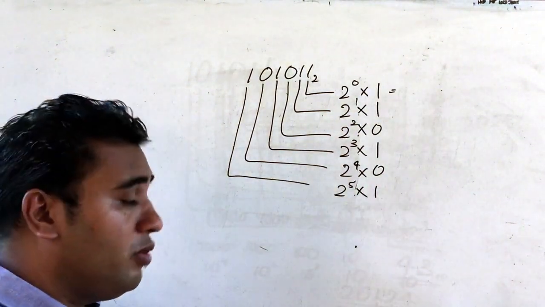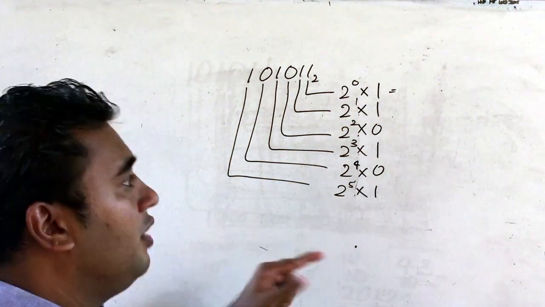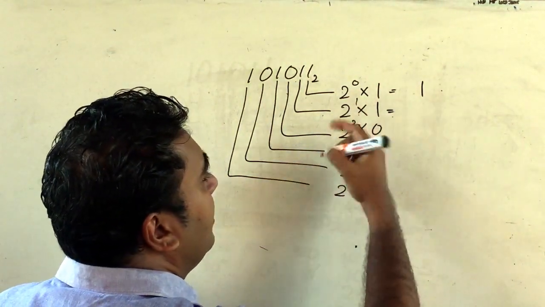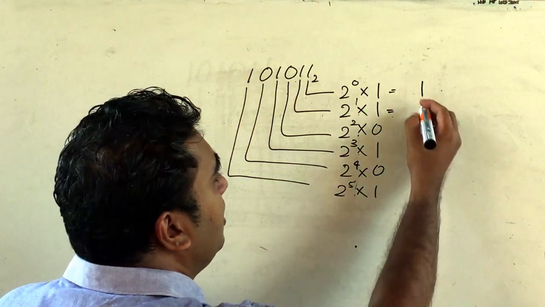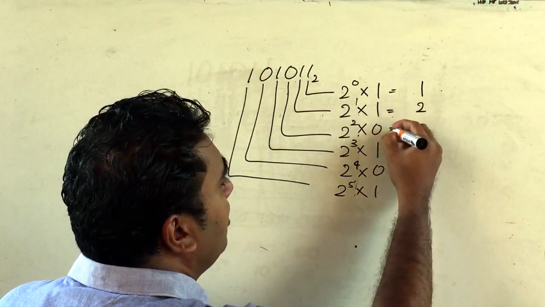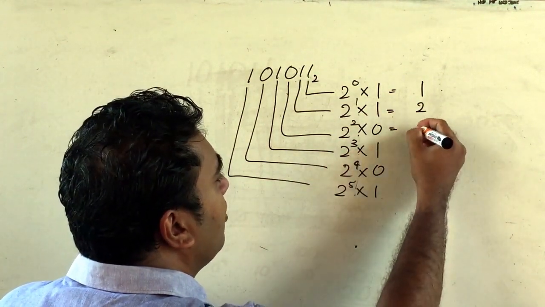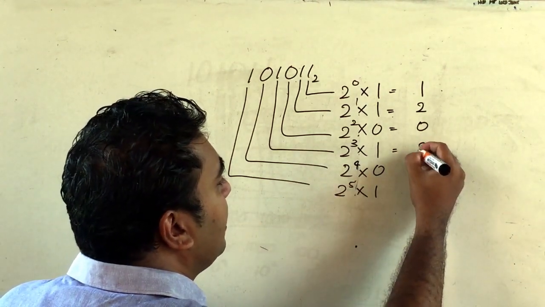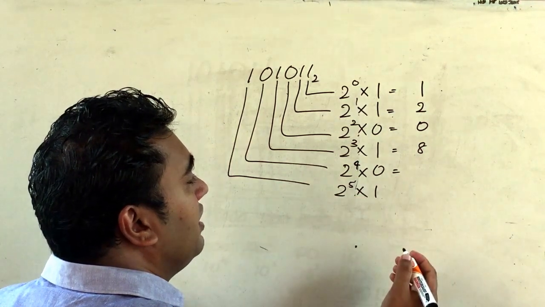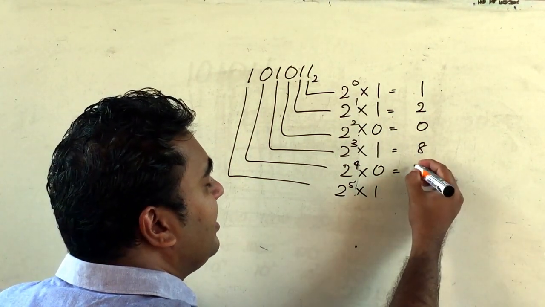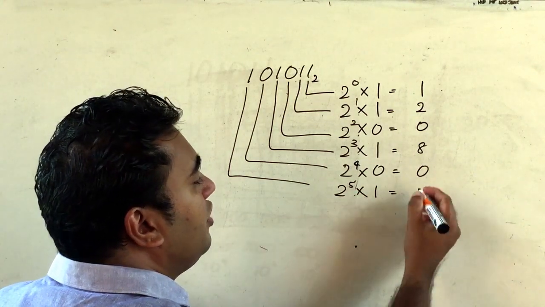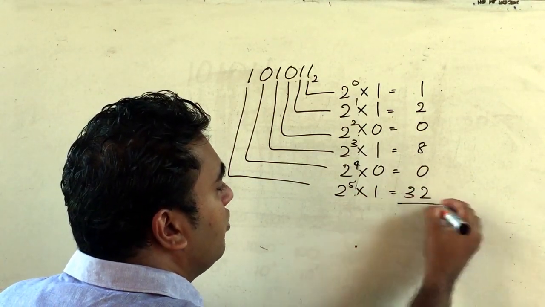Then 2 to the power 0 is 1. 1 into 1 is 1. 2 to the power 1 is 2. 2 into 1 is 2. 4 into 0, 0. 2 to the power 3 is 8. 8 into 1 is 8. 2 to the power 4 is 16. 16 into 0 is 0. 32. 32 into 1, 32.